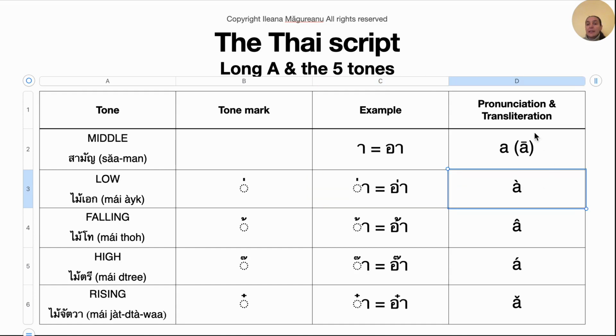As you can see in the transliterated version, you're supposed to lower your voice, as if you're sighing. Then we have the falling tone, which, by the way, is my favorite tone in Thai.